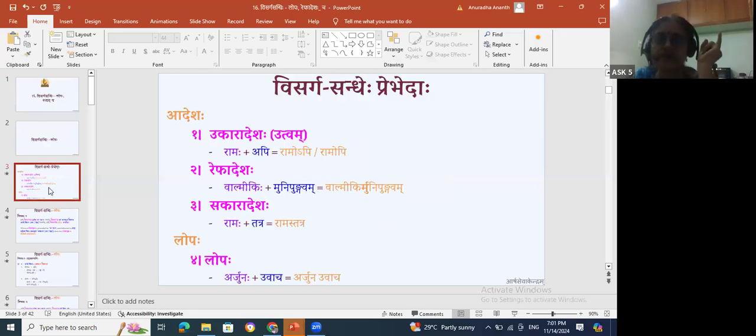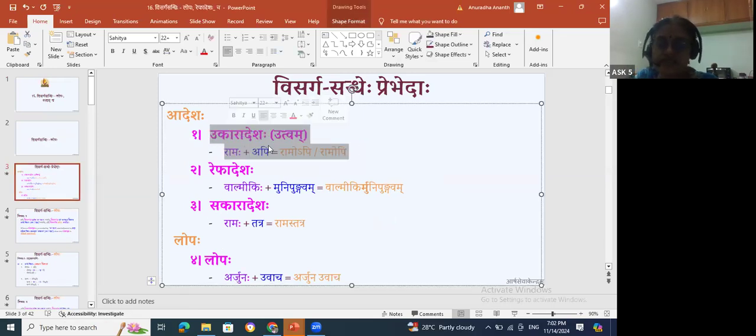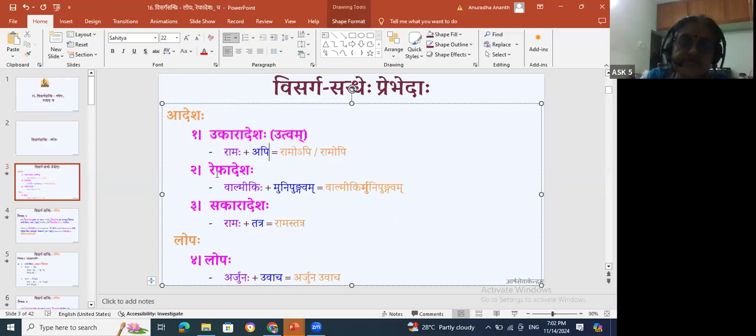We saw Visarga can become U, Visarga can become Repa, Visarga can become Sakara, and lastly Visarga can disappear, Lopaha Bhavati. So these four. Last class we saw only Ukaradeshaha. Today's class we'll see Repadeshaha and Lopaha.